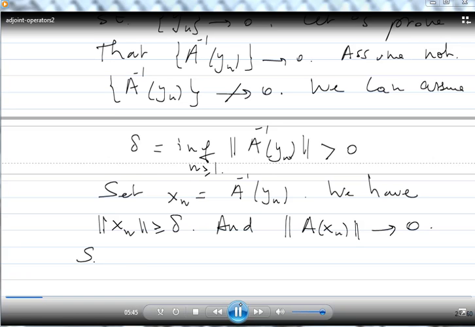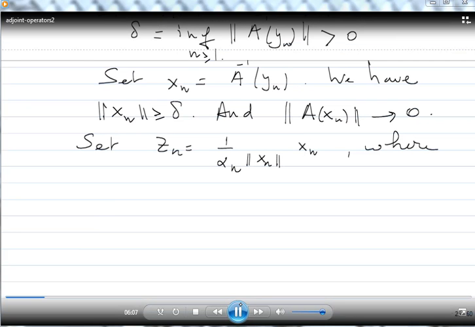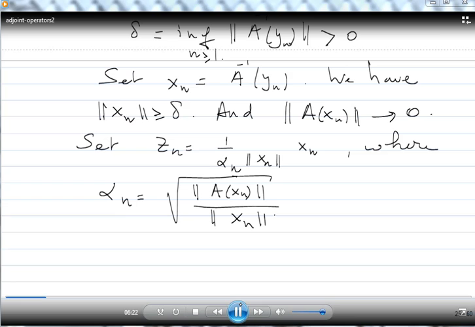Set zn to be 1 over alpha n norm of xn times xn, where alpha n is equal to the square root of the norm of A of xn over the norm of xn.